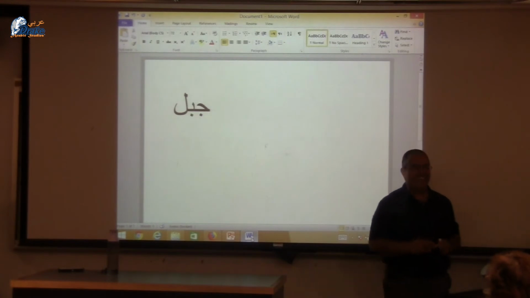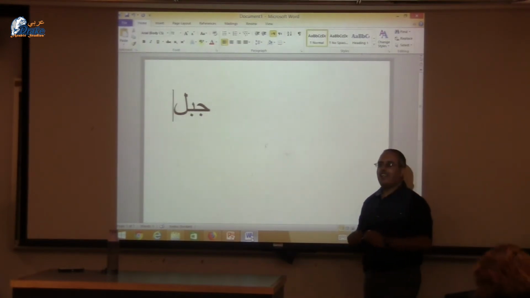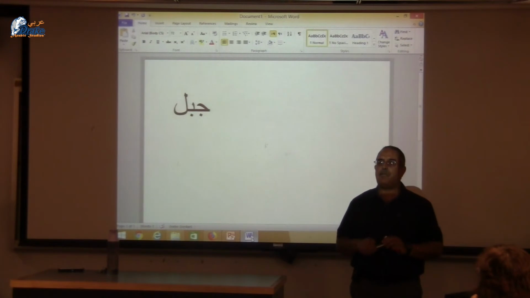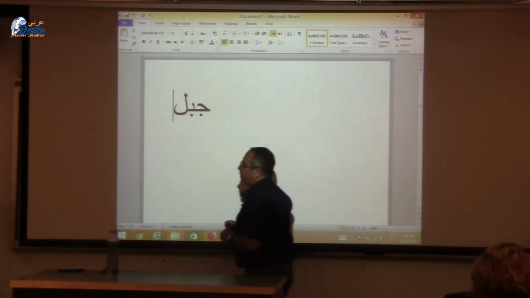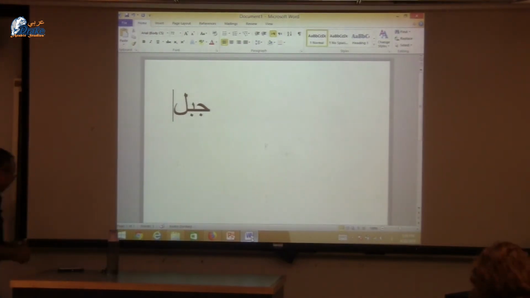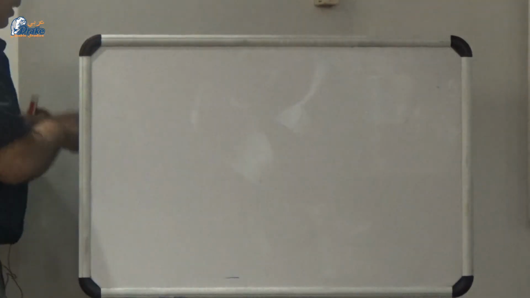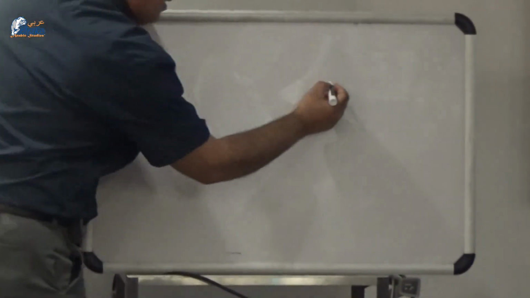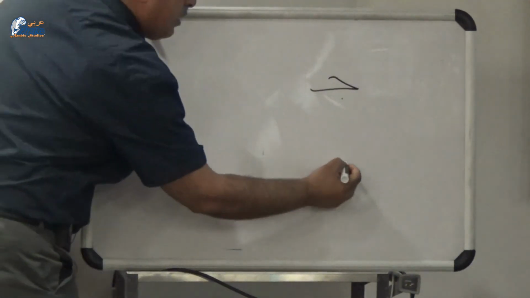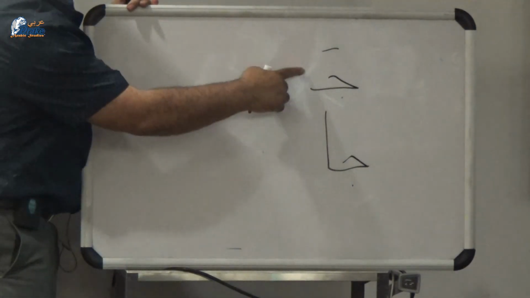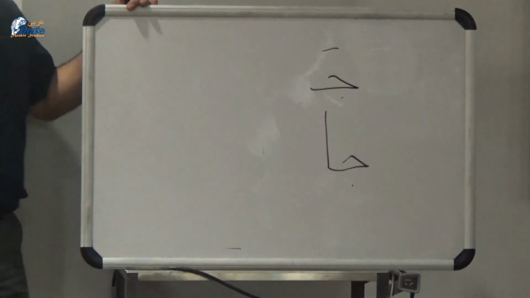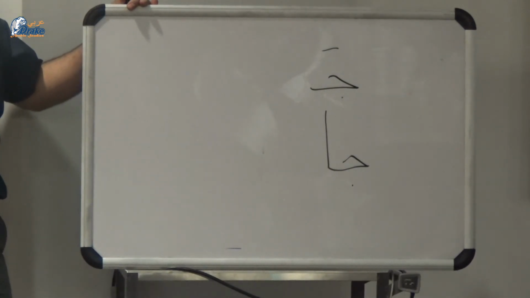That's right. Yes, please. You said it's pronounced Jabal. Wouldn't it be like Jabal? No, you see, that's why we have the short vowels. I thank you for the question. I wanted to make sure everyone understands the difference between long and short vowels. So, ja, here, this is ja and this is ja. Did we say jabal or jabal? Jabal.